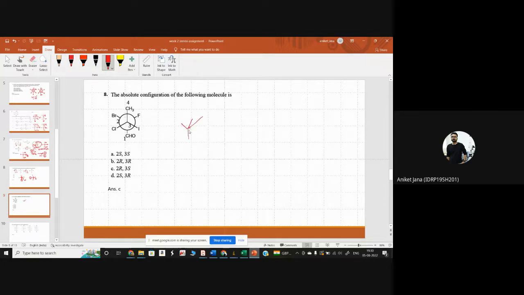At first we can change this to the sawhorse formula. You can take any rotation. Not necessarily chlorine has to be in this position; you can also take CH3 and iodine, anything you want to put. The configuration will be the same.